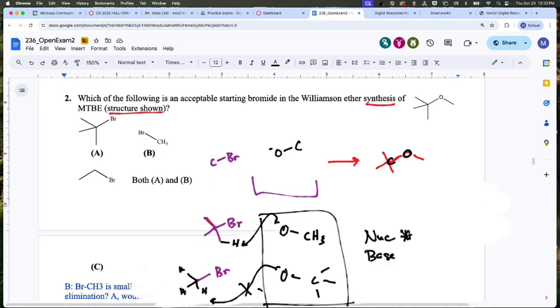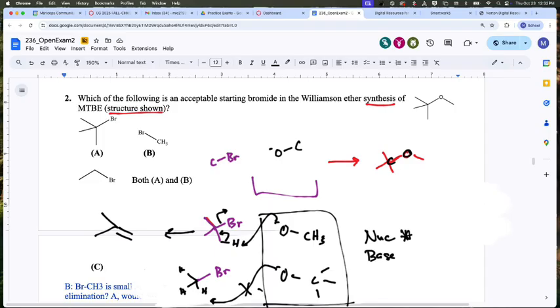I'd form that same deal, negative carbon. Could that act as a base? Could I stabilize that? I can get the elimination reaction happening in that case. Does that make sense? Okay.